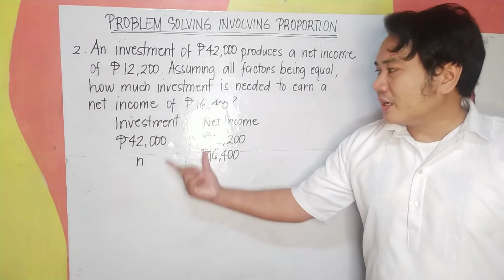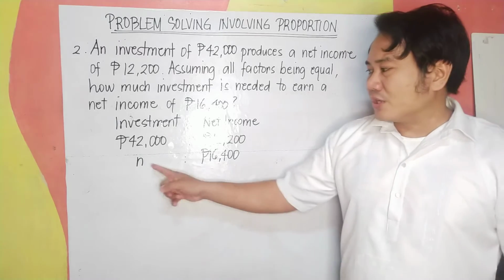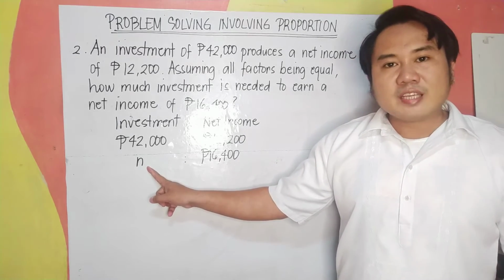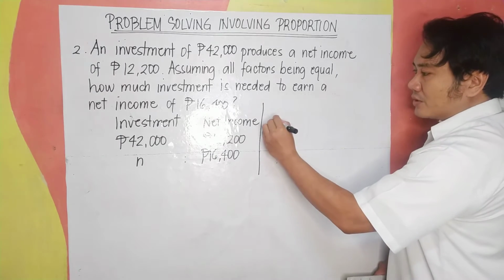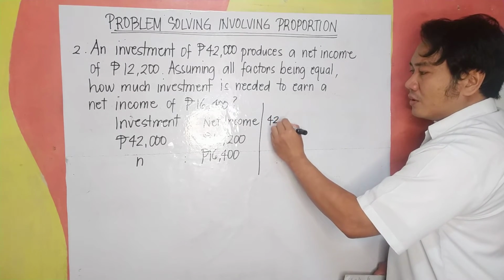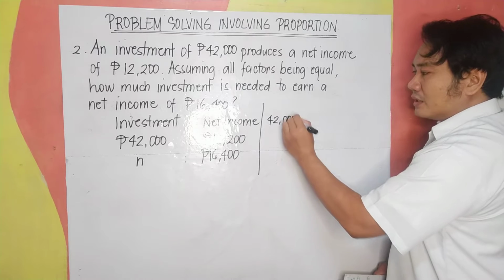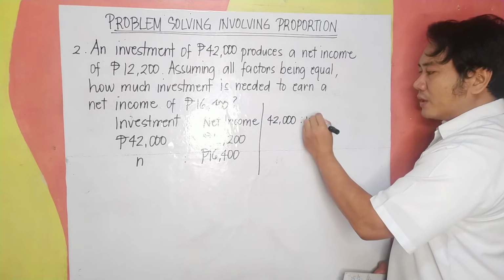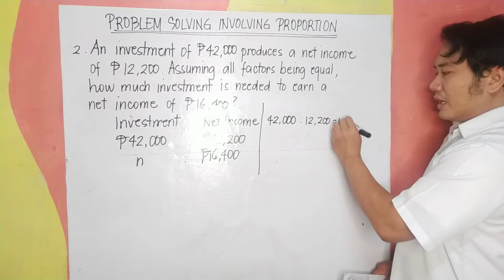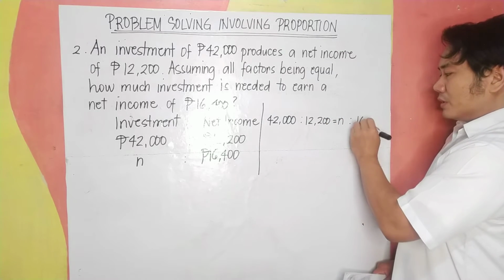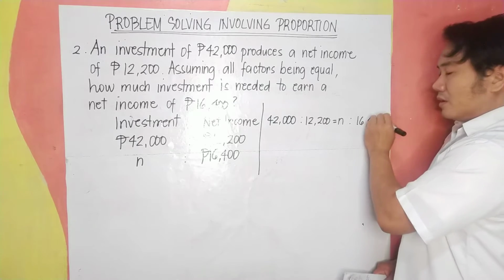So, these are our ratios. We're solving for the investment needed. So, let us write our ratio. 42,000 to 12,200 equals N to 16,400.